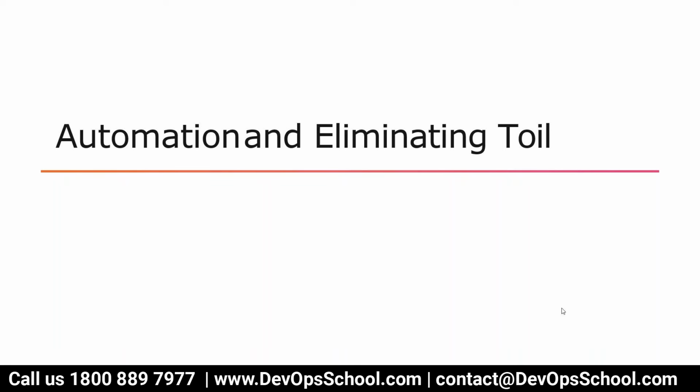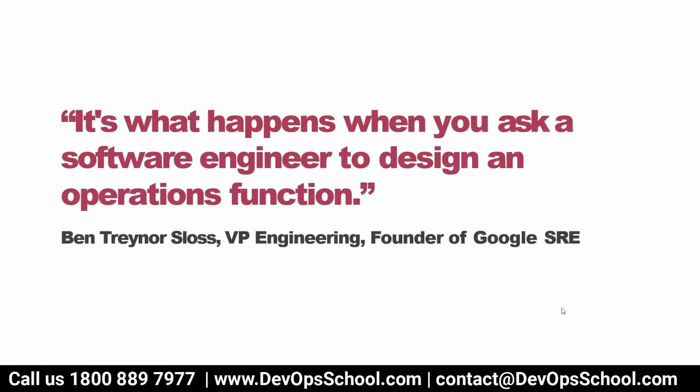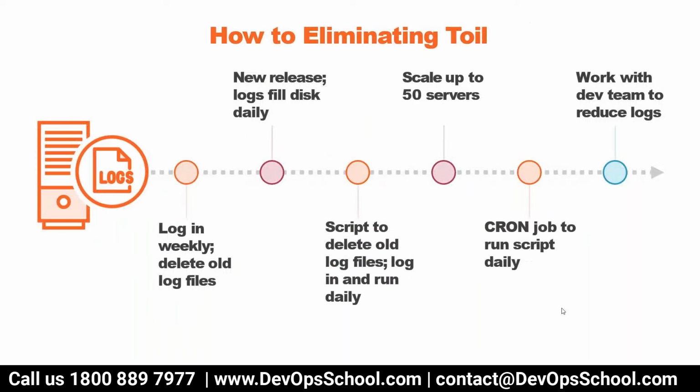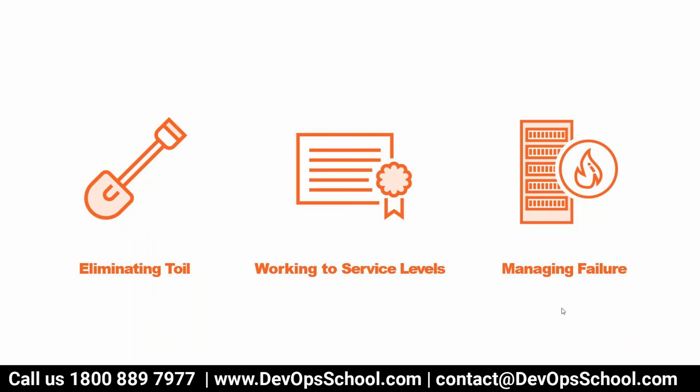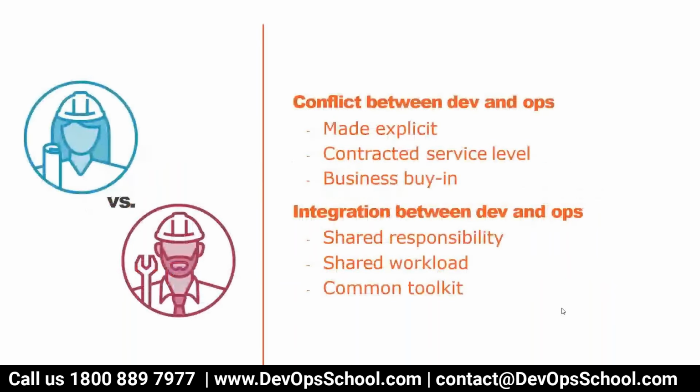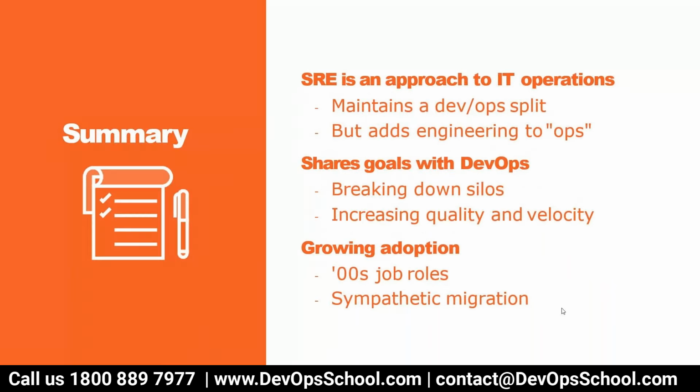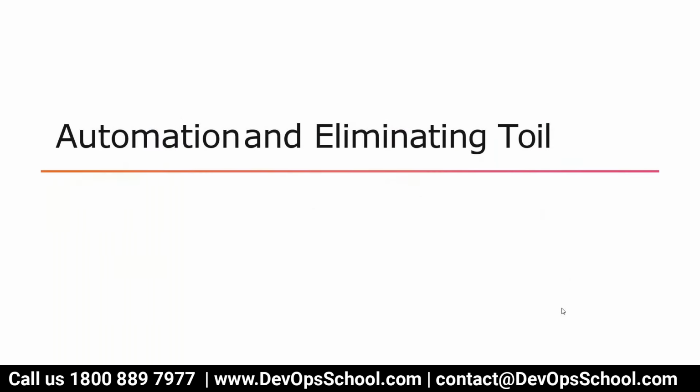So I must remind you, these are the three functions what SREs typically perform: eliminating toil, working to service level, and managing failures. So right now I'm discussing about how do we eliminate the toil. How can we bring the automations to automate the toil? How do we plan? How do you strategize and all this thing?